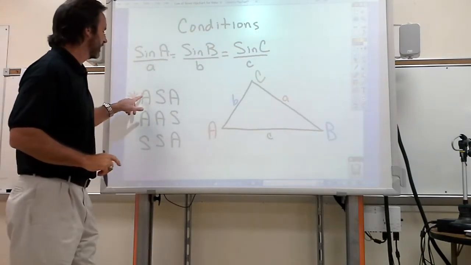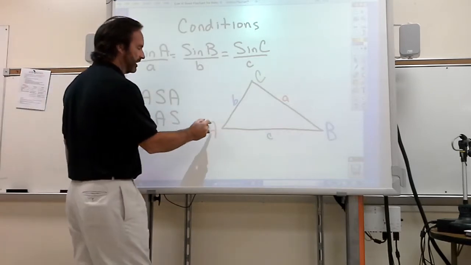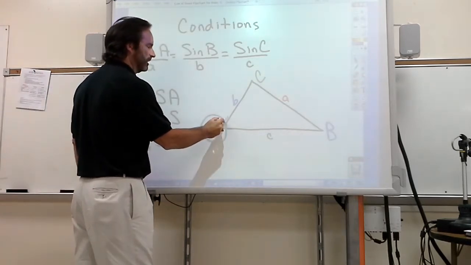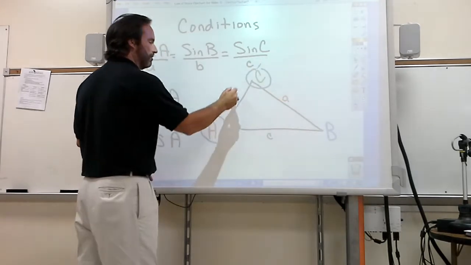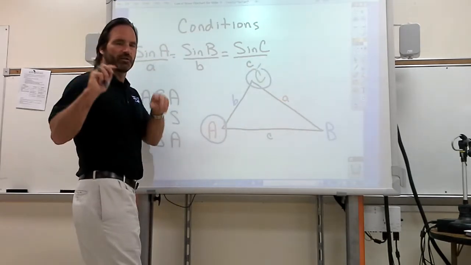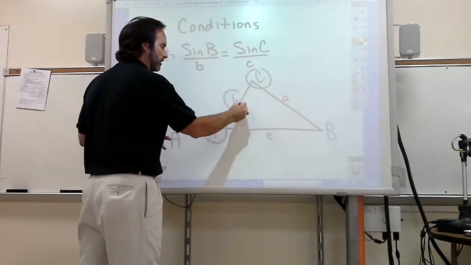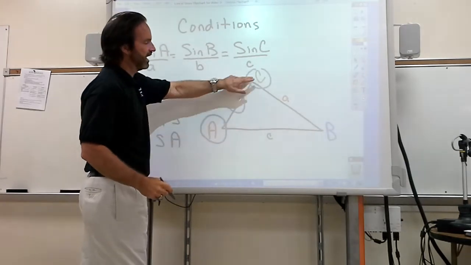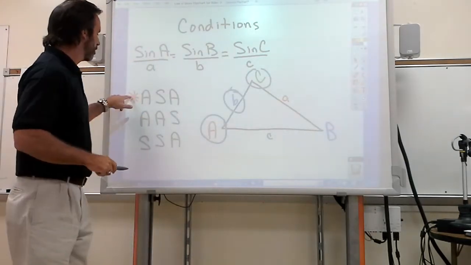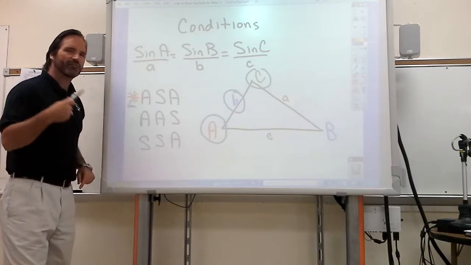All right, so let's talk about angle, side, angle. That means I'll have an angle, another angle, and in the middle, what they call included, or in between, is a side. Okay, so I've got an angle, side, angle. This is the one I've got the asterisk for. We kind of have to come up with something.